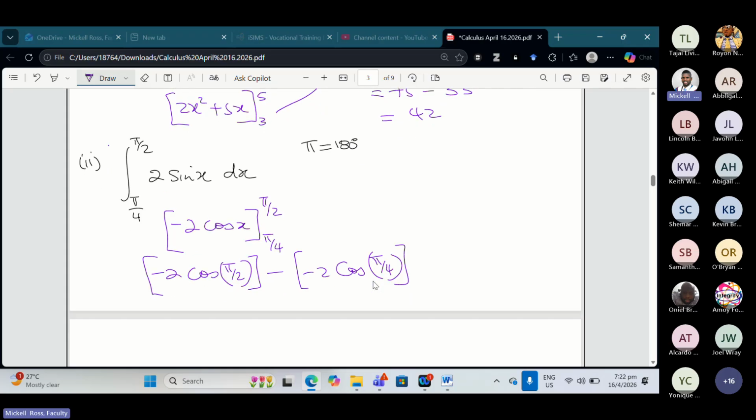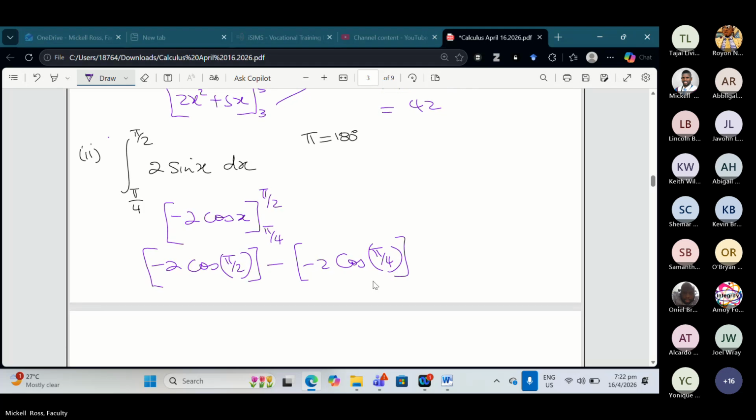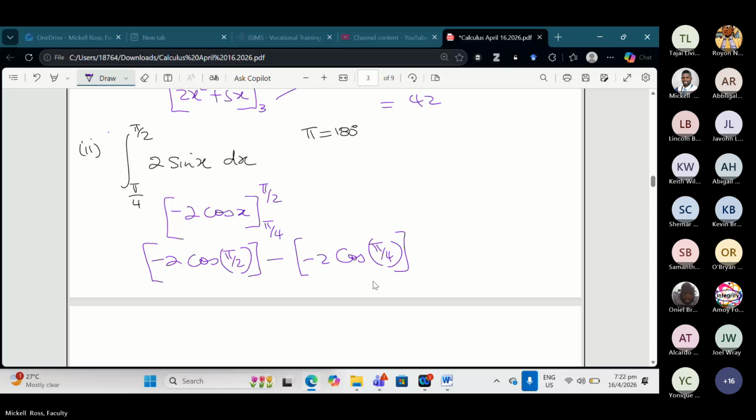If pi is 180, what is pi over 2? In degrees. 90 degrees, right? So on your calculator, you're going to say cos of 90 degrees. You're not going to say cos of pi over 2. You're going to put in the 90 degrees, all right?